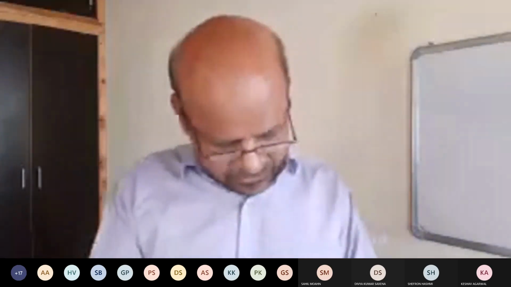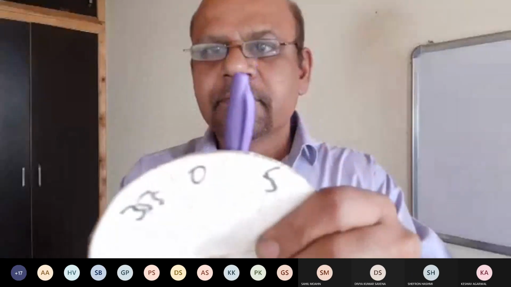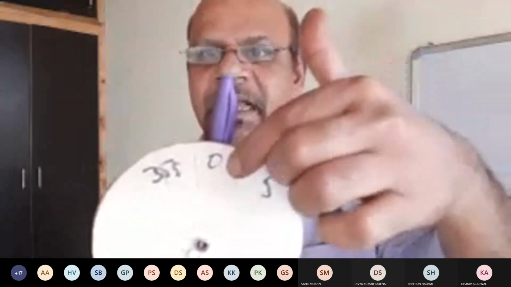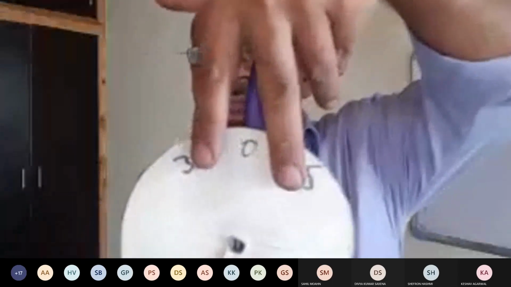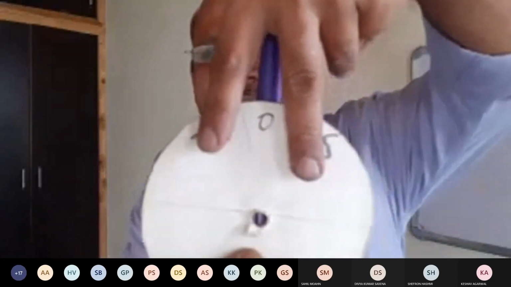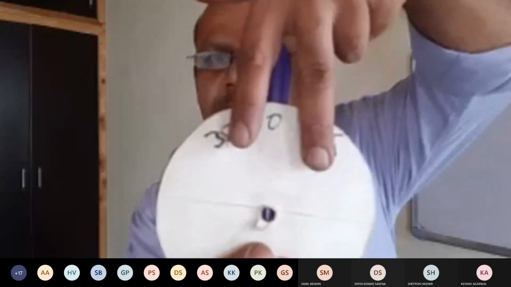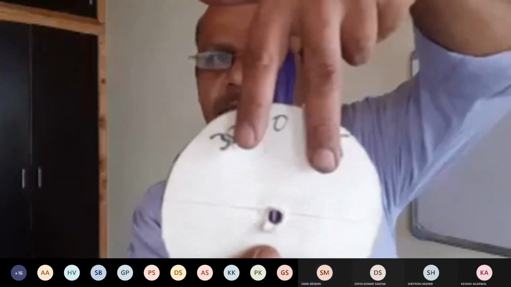So the spin axis is here. The compass card is at this place, and the lever line and indications are like this. So what are you reading right now? 0.